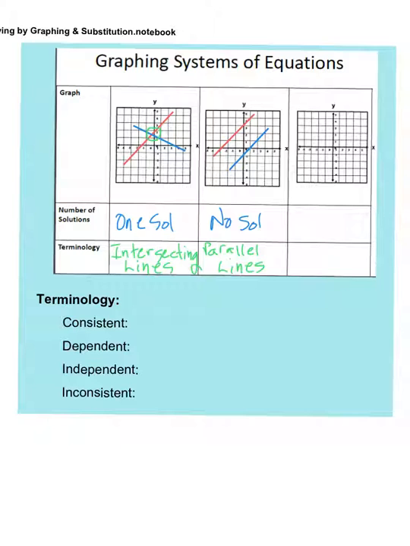Then we could have what are called coinciding lines. Coinciding lines would look like, let's see, let me take that one out. Let's try that again.